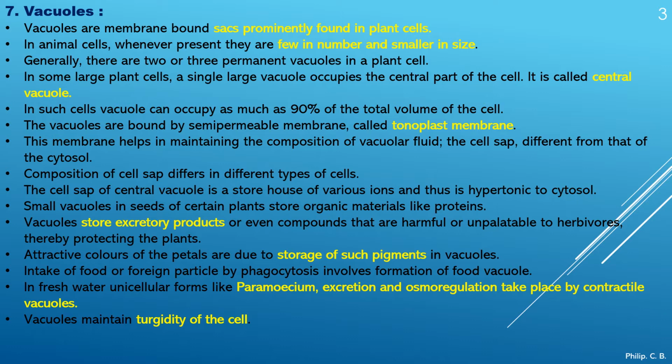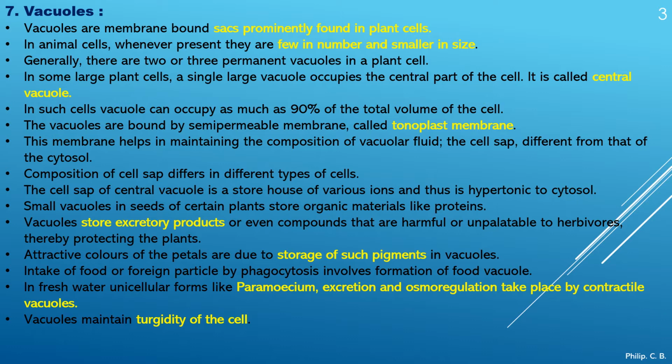In such cells, the vacuole can occupy as much as 90% of the total volume of the cell. Again, as you see in the image of the plant cell, the vacuole, which is single and large, occupies a major part of the cell, and the remaining parts, whether it is nucleus or chloroplast, occupy the side region or the peripheral part, right?